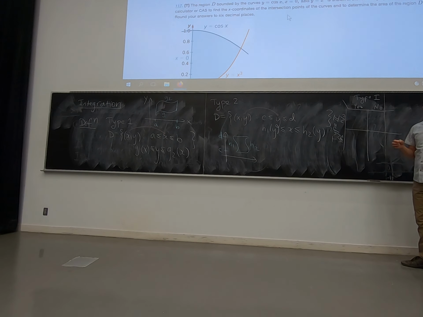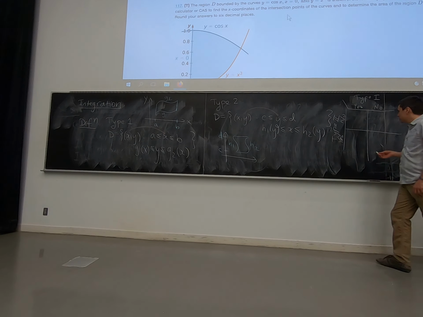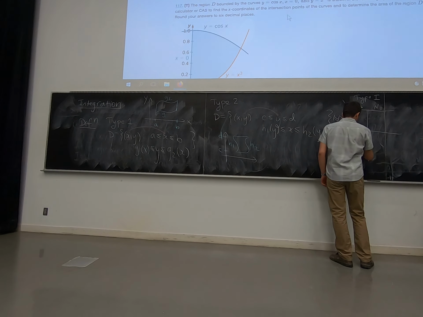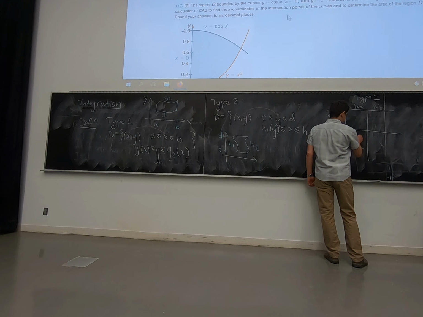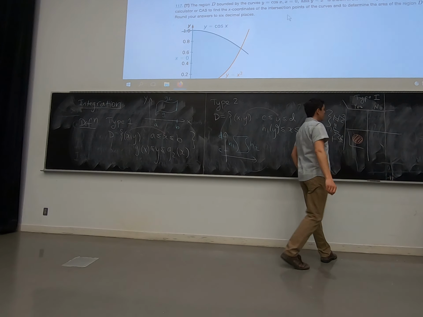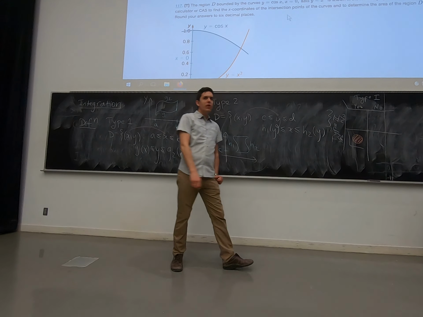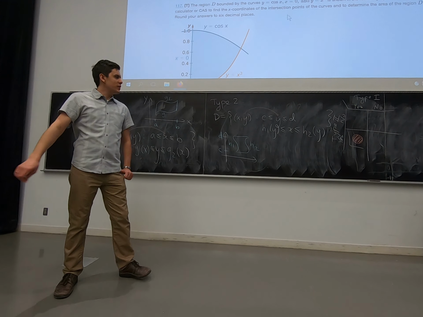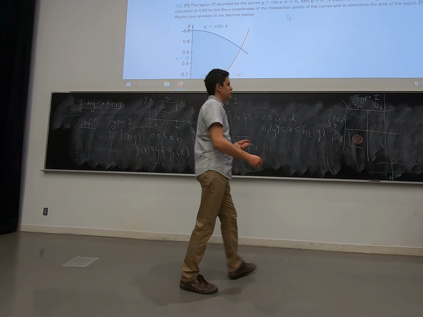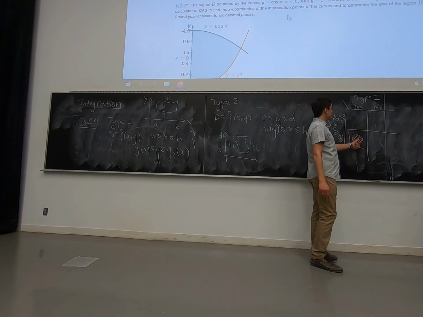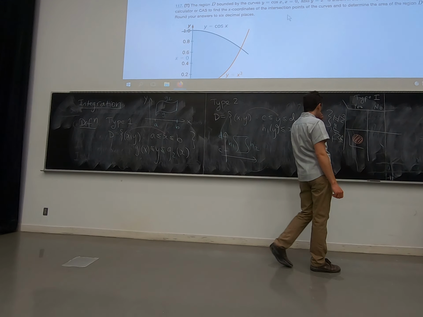We've seen a couple examples of things that are both. If we had a nice round circle, it would be bounded by functions in the x direction and functions in the y direction.